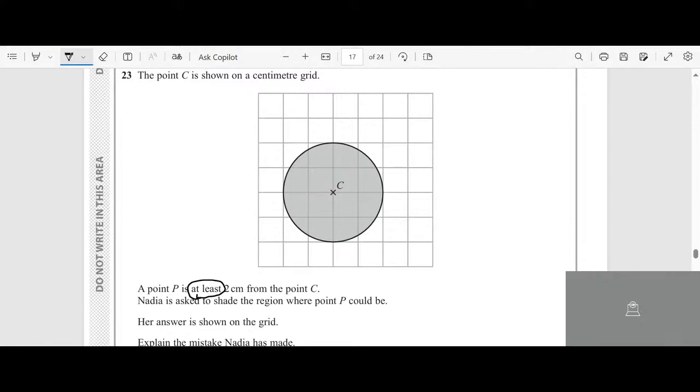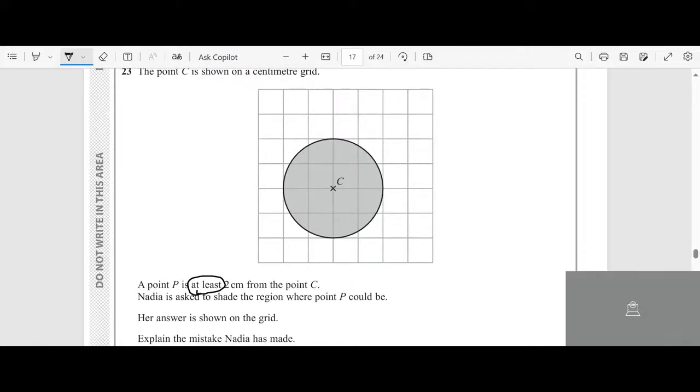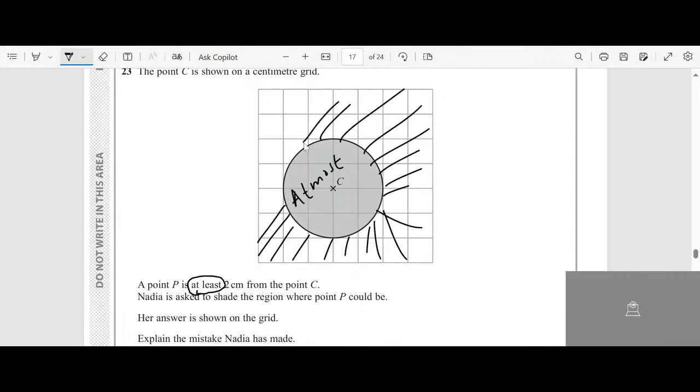Here, her answer is shown on the grid. Explain the mistake. What mistake can I see here? You have been told at least. So it means that she covered the at most. At least should be outside. So the shading should be outside. That is one of the greatest mistakes that was done.